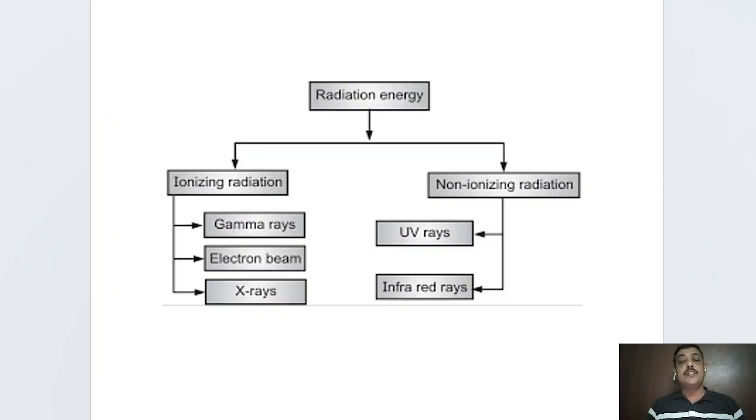Basically, the radiation energies can be classified into ionizing radiation and non-ionizing radiation. And ionizing radiations include X-rays, which we all know as an example. And apart from X-rays, we also have gamma rays. And under non-ionizing radiation, we have UV rays and then infrared rays.